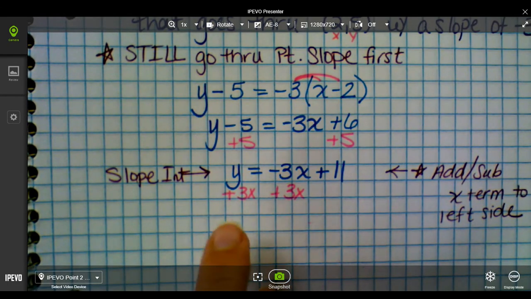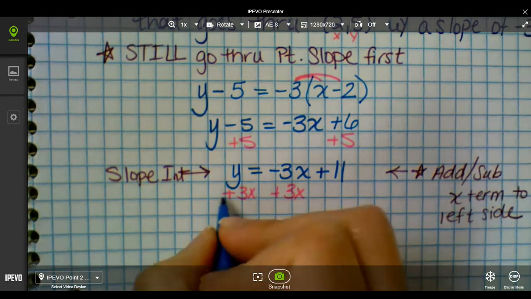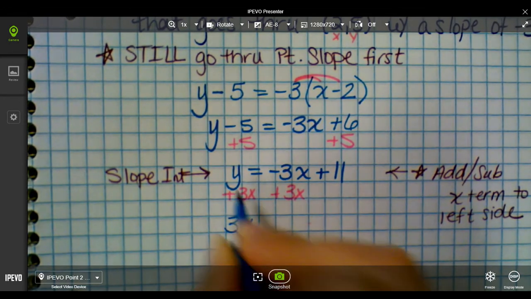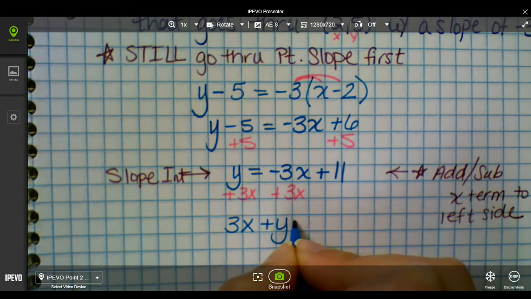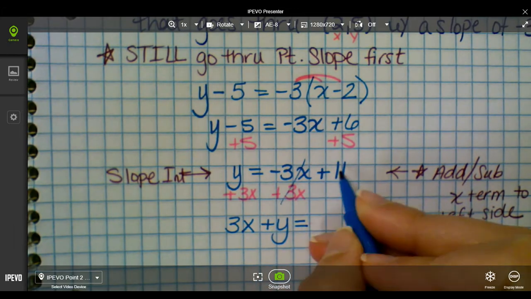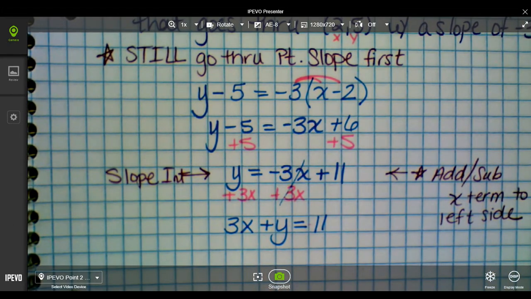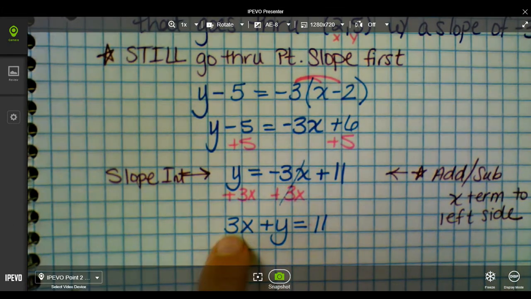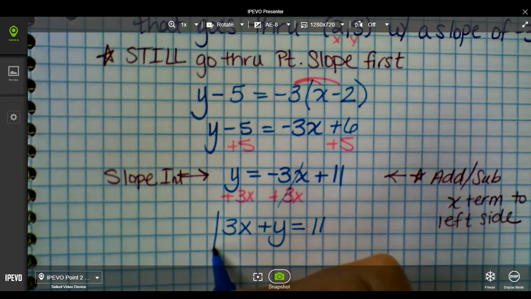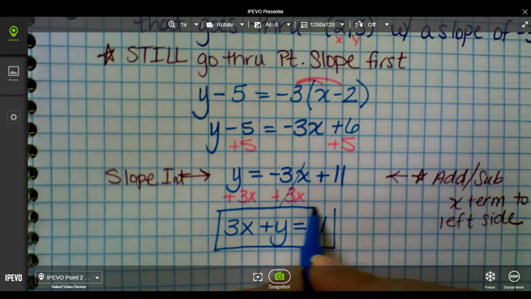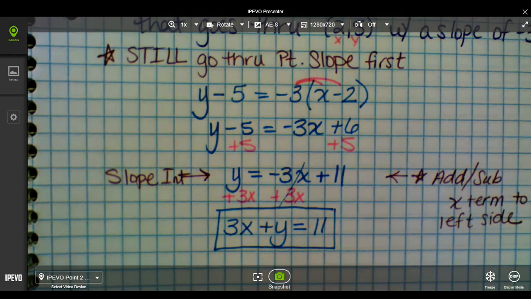And then I can have it in standard form. So again, my x's have to go first. I have +3x. Then my y, I have +1y. And then it equals, since these guys cancel out, my constant, which is 11. And before I circle my answer, is a a positive whole number? And indeed it is. So I shouldn't say x, I should say a, but nevertheless it is. So that is our answer.